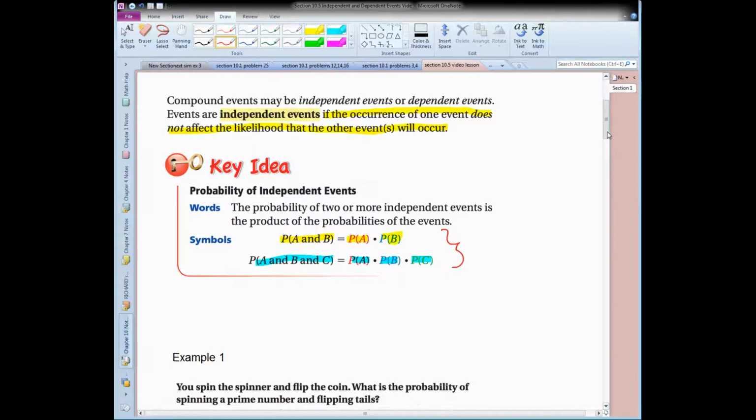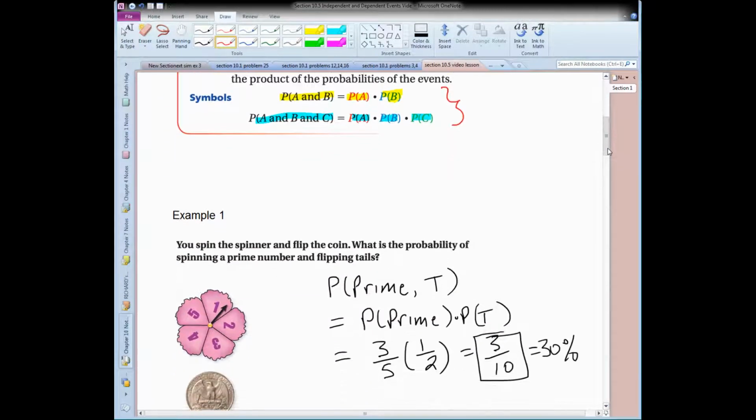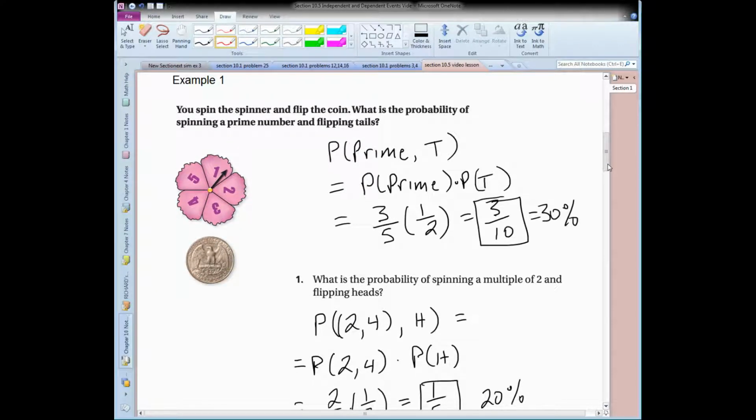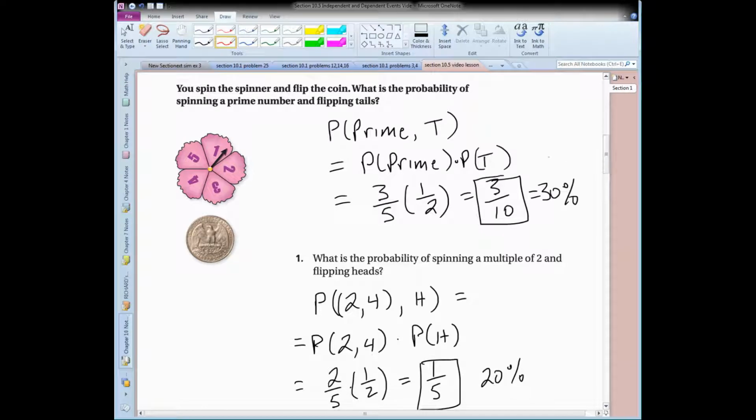Let's see how this works. You spin the spinner and you flip the coin. What's the probability of spinning a prime number and flipping tails? The first thing to notice is that these are independent events.